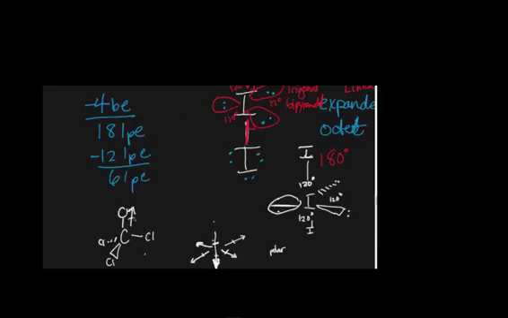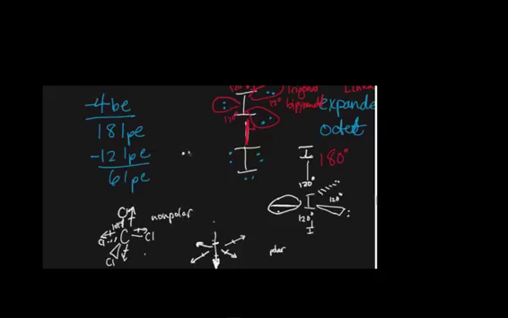Chlorine is a lot more electronegative than carbon. So we have all these dipole moments that exist, but since the bond angle is fixed at 109.5, guess what? It's nonpolar. They cancel each other out.